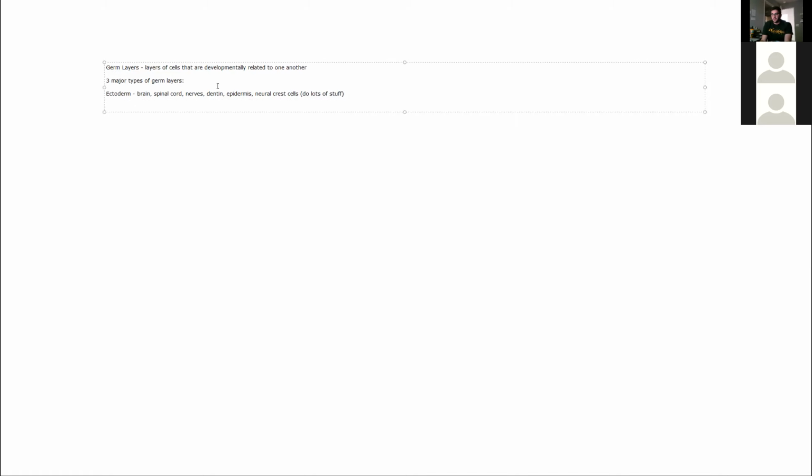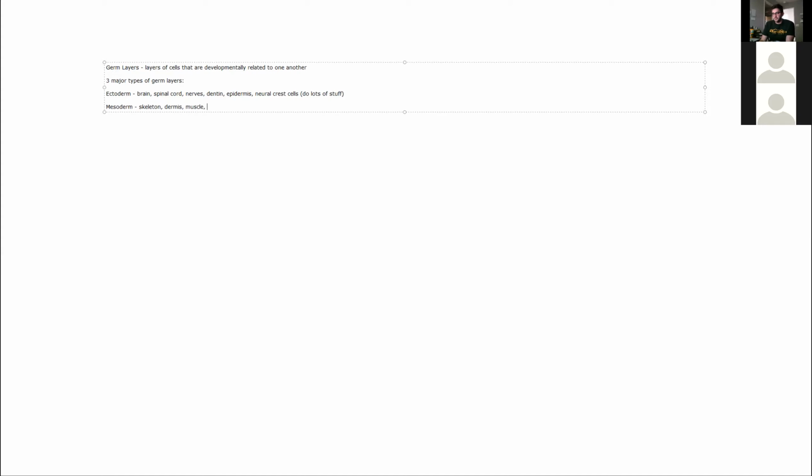And then we've got our second germ layer, called the mesoderm. The mesoderm is what we would call the middle layer. This layer mostly develops into our skeleton, our dermis, the underlayer of our skin, and muscle.